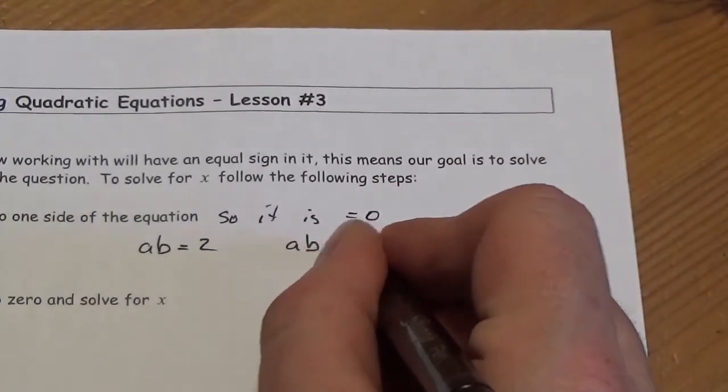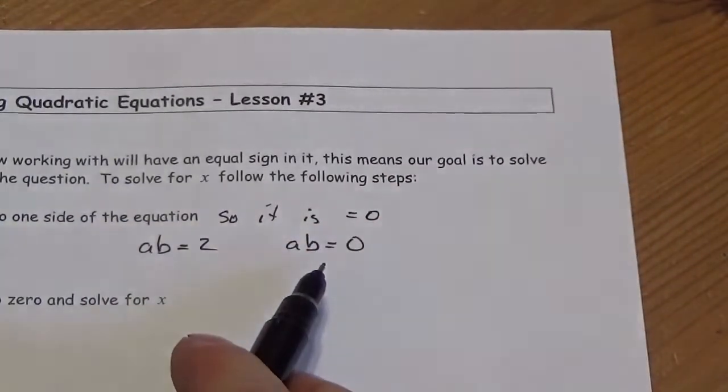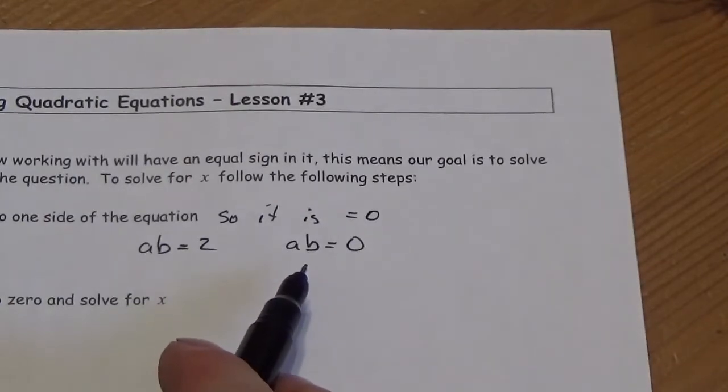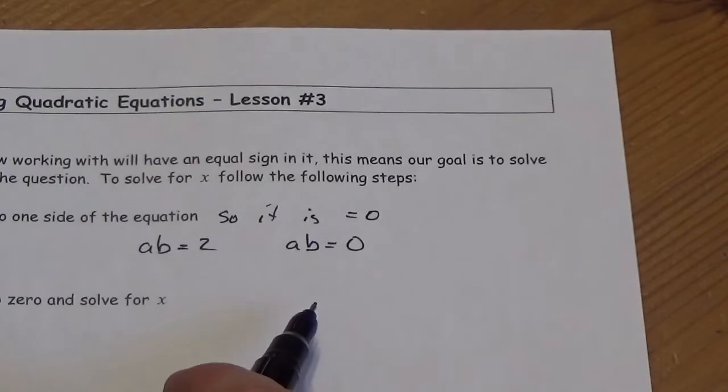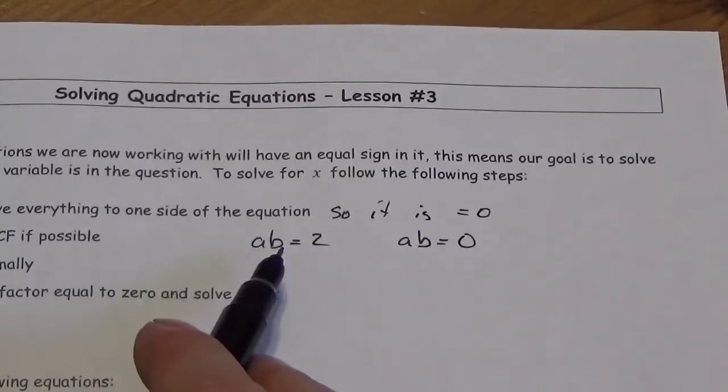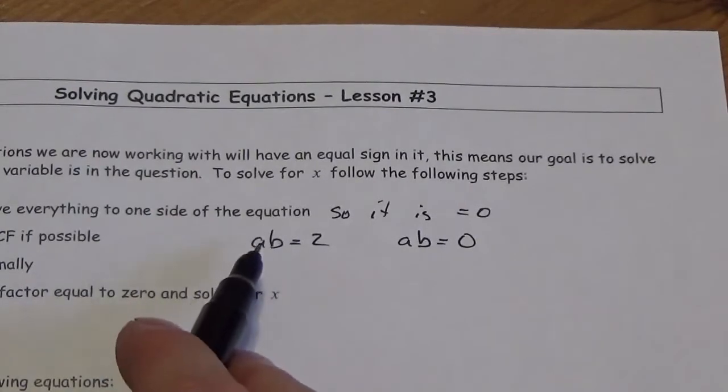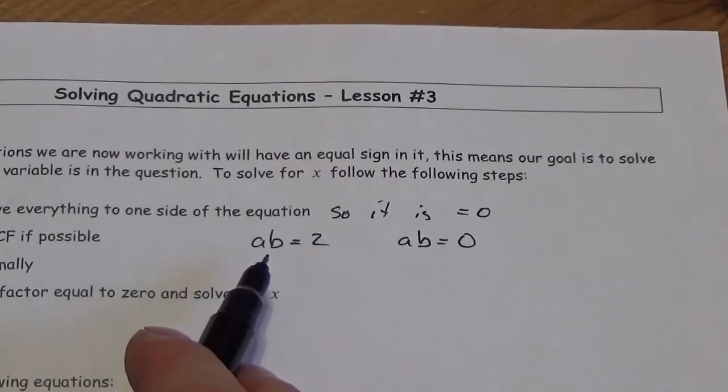If you know that a times b is equal to 0, now this is a little different. I know for a fact that one of those two is 0. Over here, when I multiply a times b, I have no idea of a value for either one; once I know one of them, I can figure out the other.